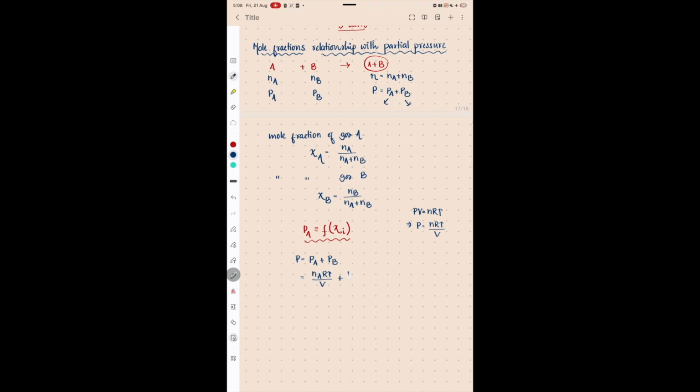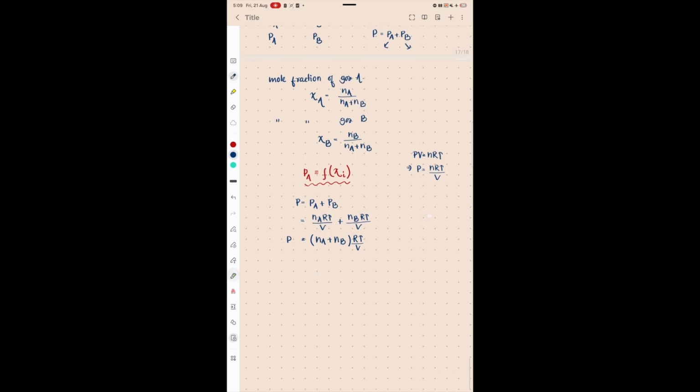Similarly, PB will be Nb RT upon V, or Na plus Nb into RT upon V, that is equal to your P, right?